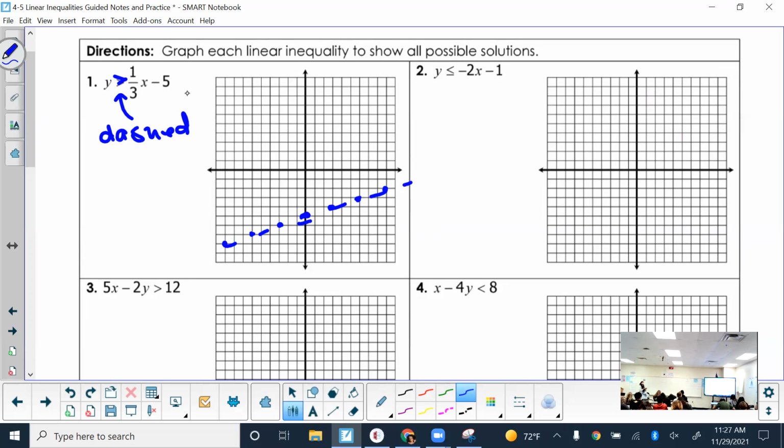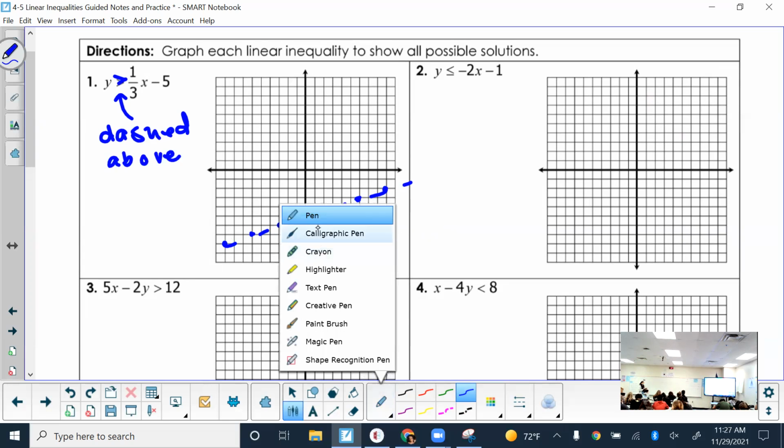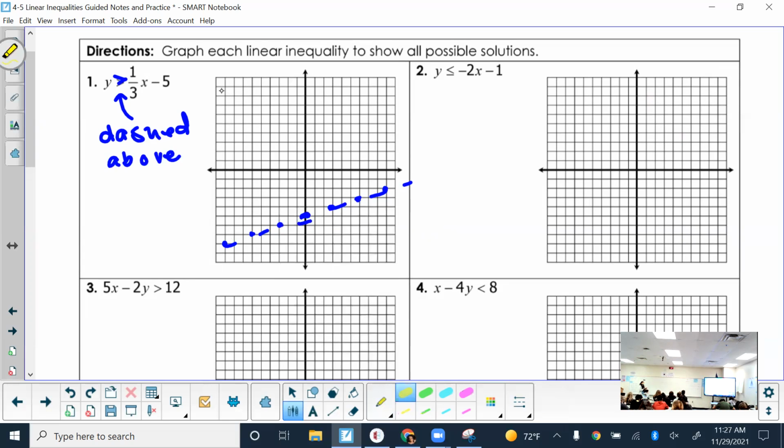And is it shaded above or below? Above. All right, so lightly shade it with your pencil above the line. Those are all solutions. All right, questions?